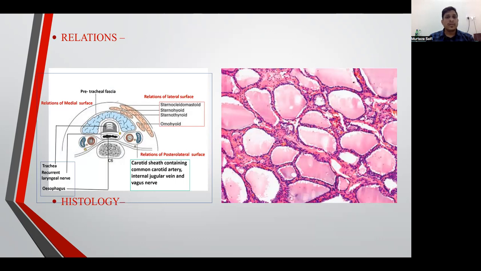Then the relation of the posterolateral surface: you can see the carotid sheath containing the common carotid artery, then the internal jugular vein and vagus nerve. So this is the cross section at the level of the thyroid.